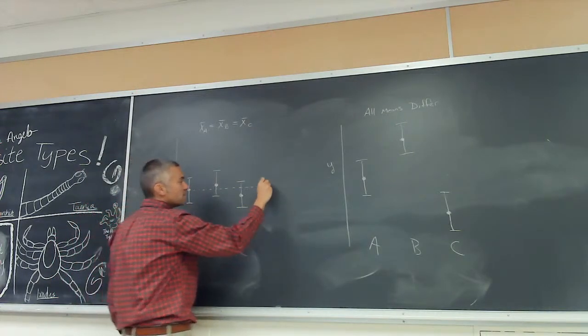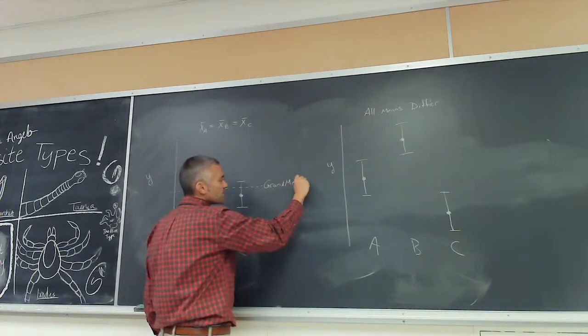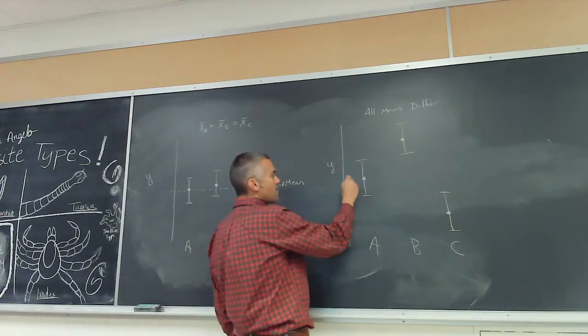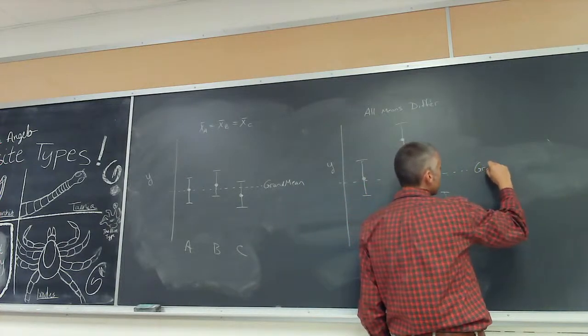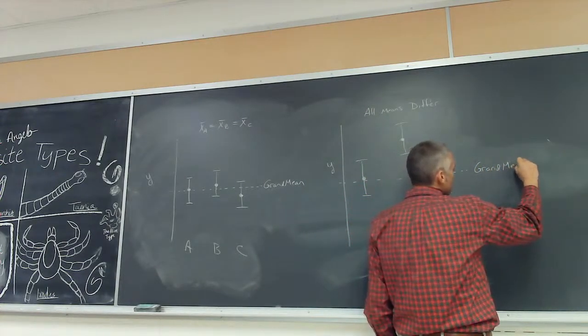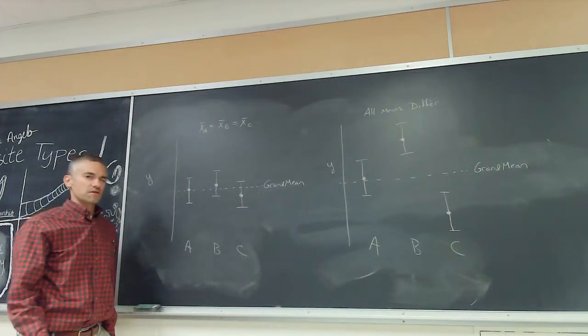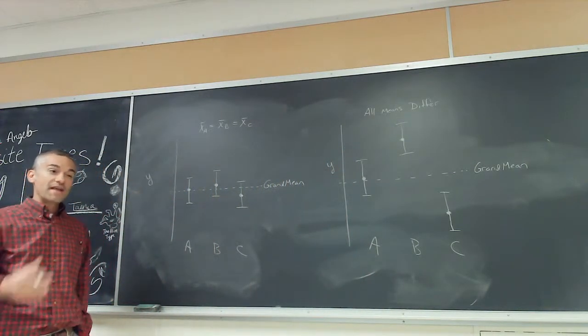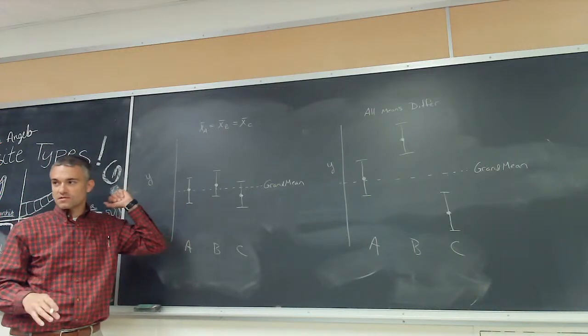our grand mean. So I'm going to eyeball it and get a grand mean, where it represents the average of the averages. But it's more like the weighted average of the averages because it accounts for differences in sample sizes.